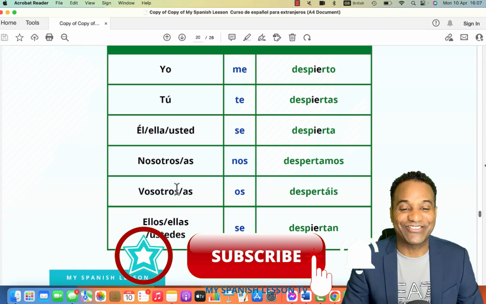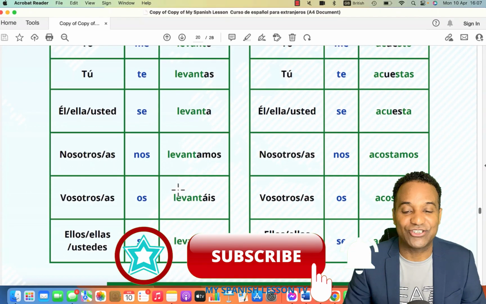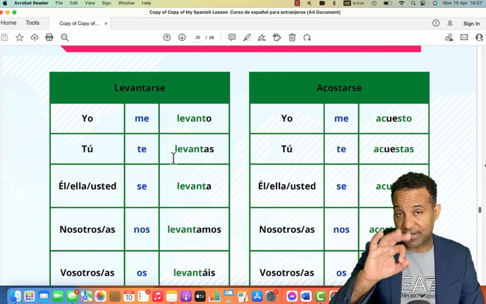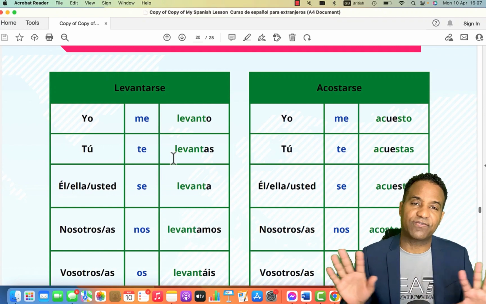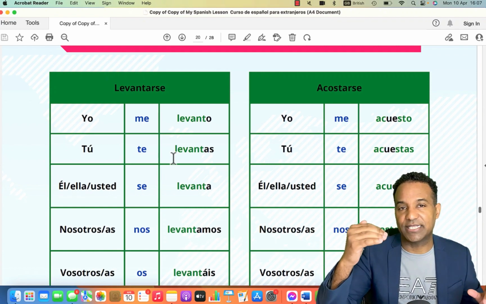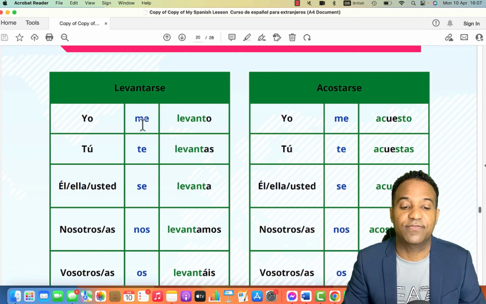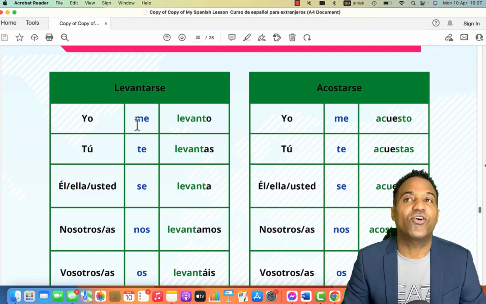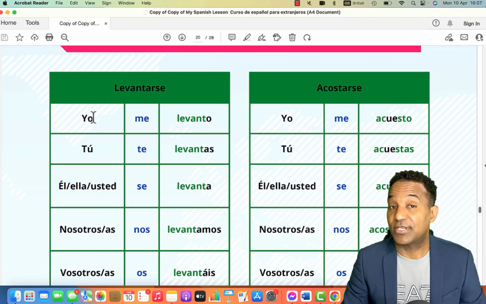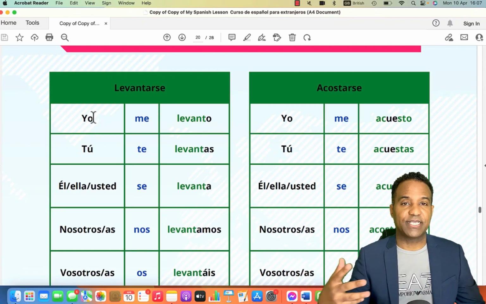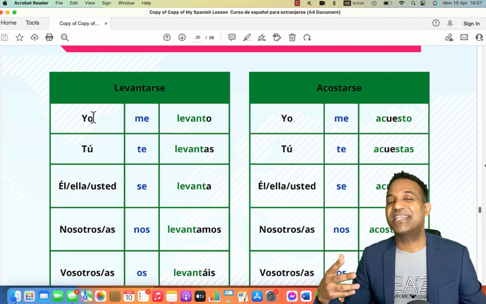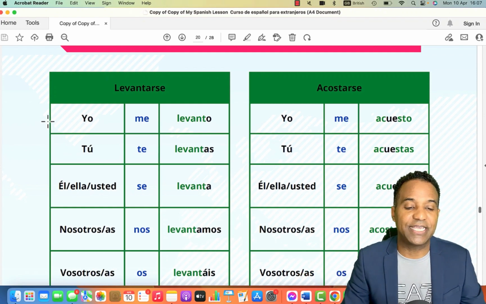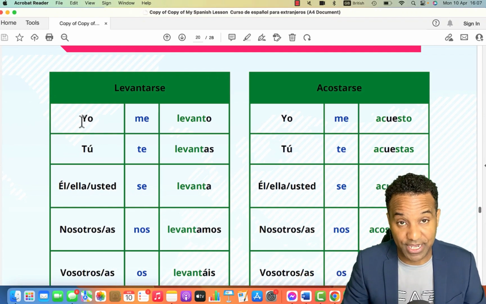There we go. So now we have the conjugation. You see the breakdown of these three reflexive verbs. All reflexive verbs are conjugated the same. Don't forget the reflexive pronoun in the middle. Me, se, etc. Also, just to let you know, when we are speaking familiar, informal Spanish, we normally omit the personal pronoun.